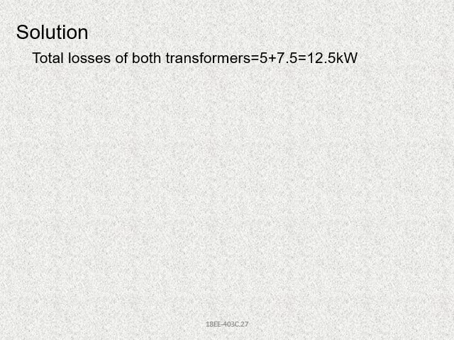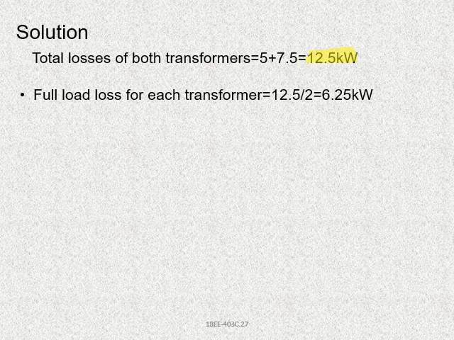See here. Total losses of both the transformers is equal to 5 plus 7.5, which is 12.5 kW. These are the total losses, the iron loss and the copper loss. And the full load loss of each transformer is that divided by 2, which gets 6.25 kilowatts.